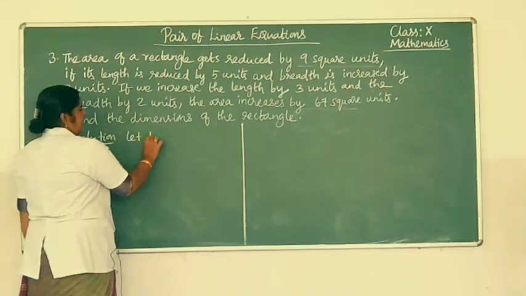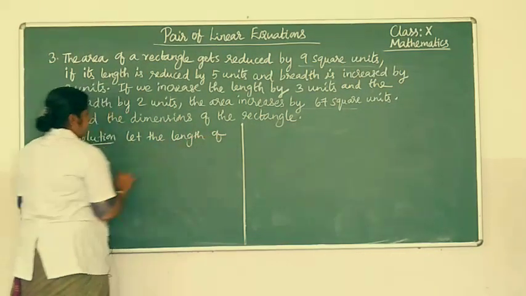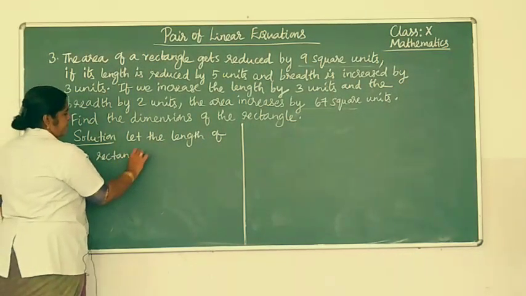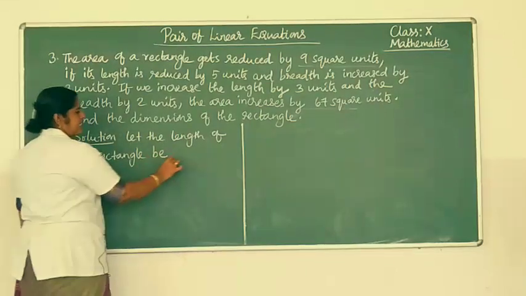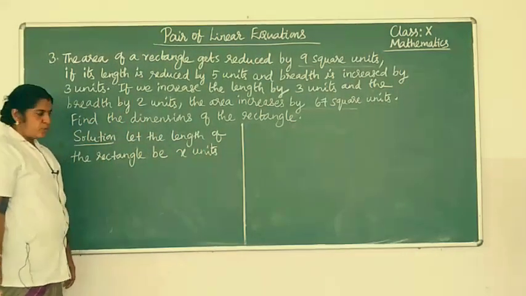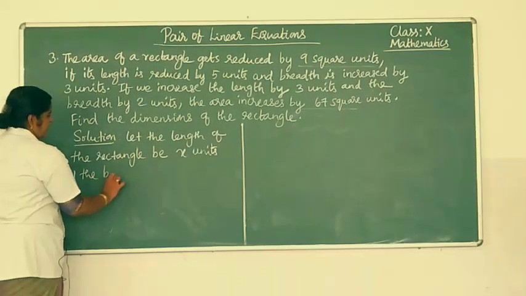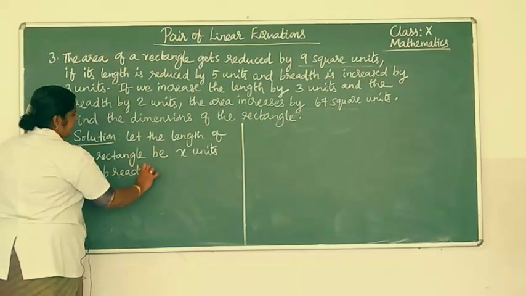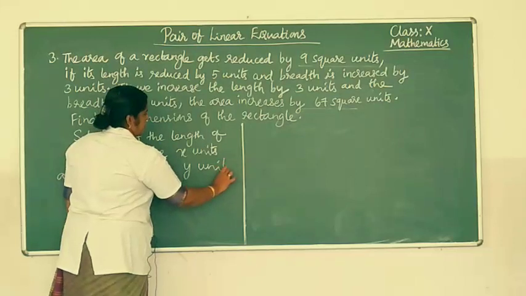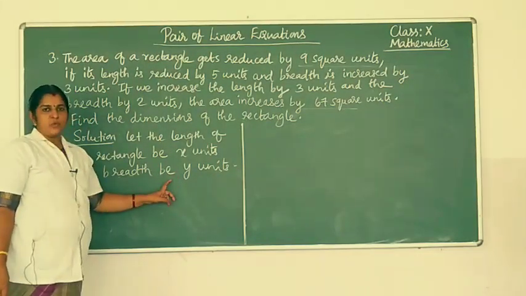Let the length of the rectangle be x units and the breadth of the rectangle be y units. So the length is taken as x units, breadth is taken as y units.